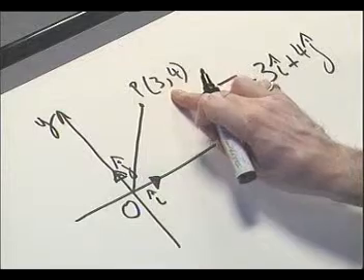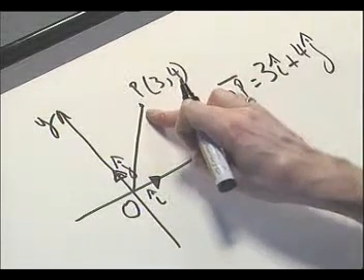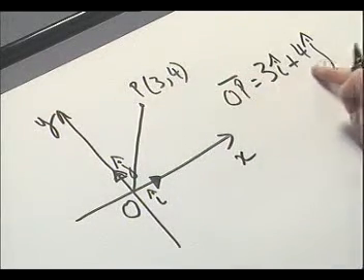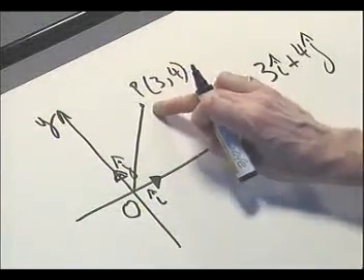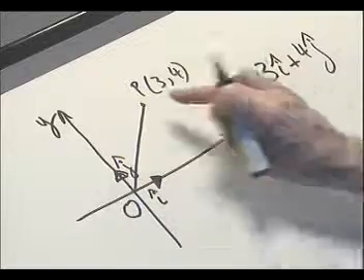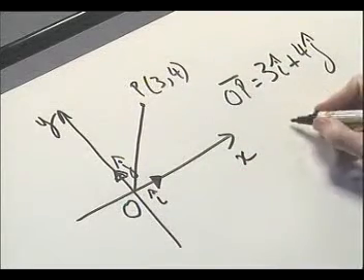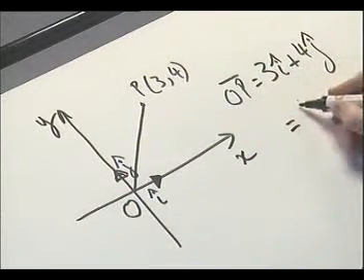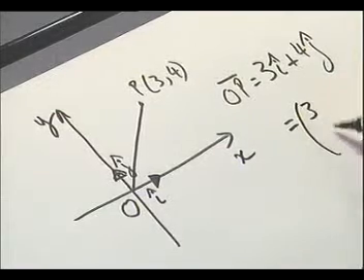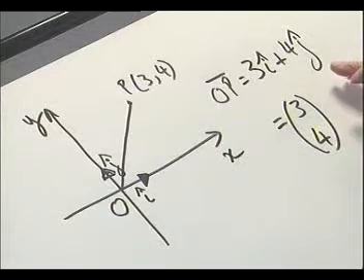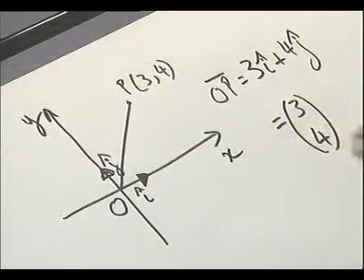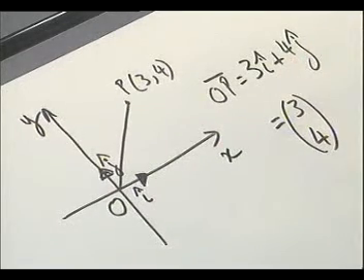That's a set of coordinates which refers to the point. That's the vector which refers to the position vector. So point and position vector are not the same thing. We can write this as a column vector, 3, 4. And sometimes this is used, sometimes that one is used.